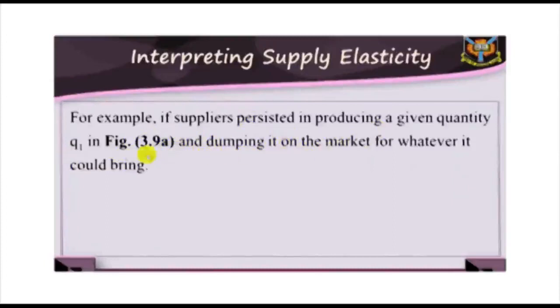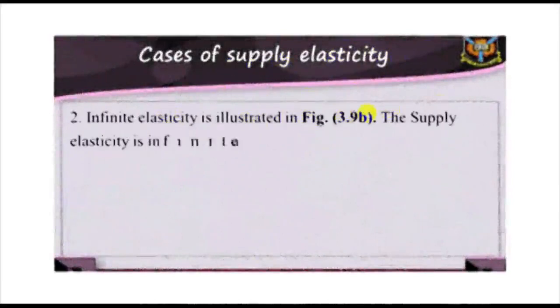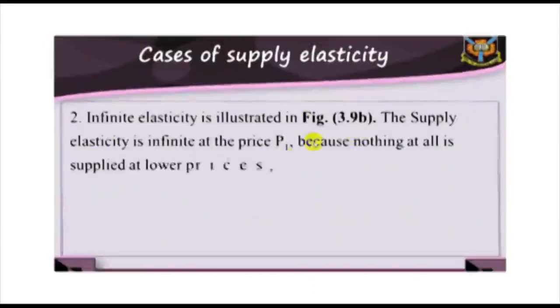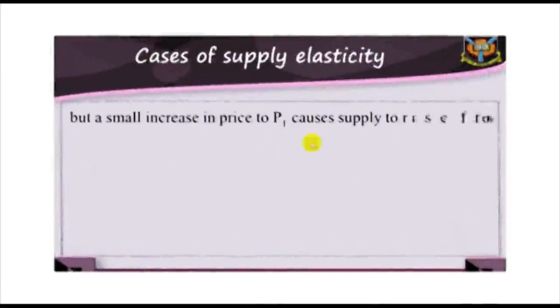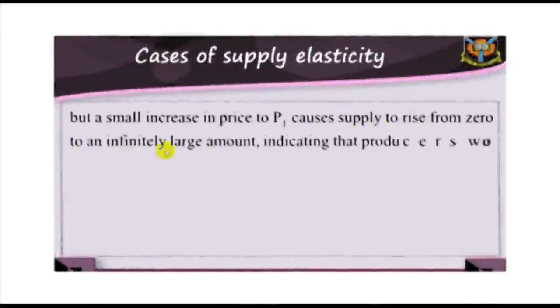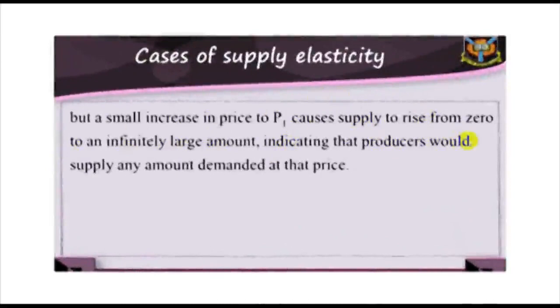Number 2, infinite elasticity. The supply elasticity is infinite at the price P1 because nothing at all is supplied at lower prices, but a small increase in price to P1 causes supply to rise from 0 to an infinitely large amount, indicating that producers will supply any amount demanded at any price.